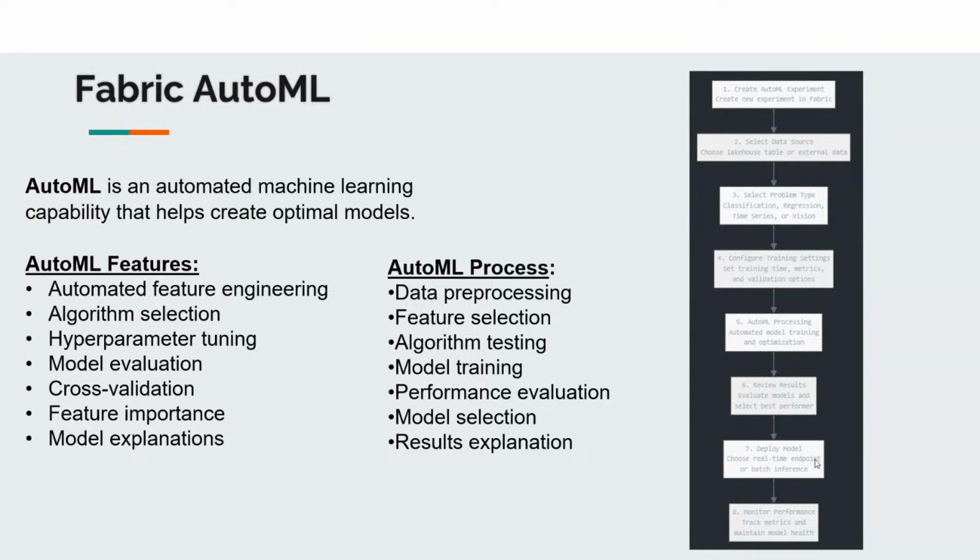For example, if you send it new data about a point in time for Ethereum, maybe the current price and some other information, it would try to predict the price maybe 20 days out. Then being able to monitor performance, track metrics, and maintain model health is part of it. And we will walk through AutoML as our guided example tonight.